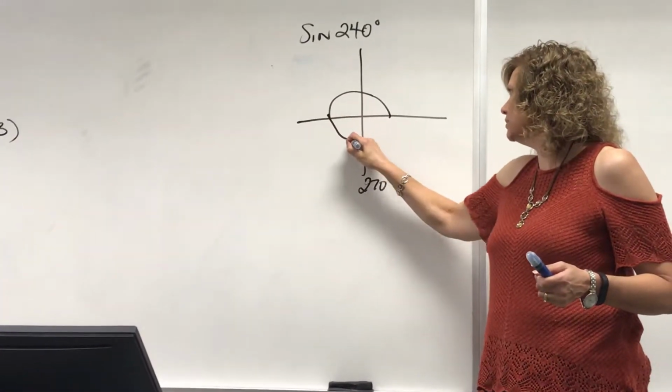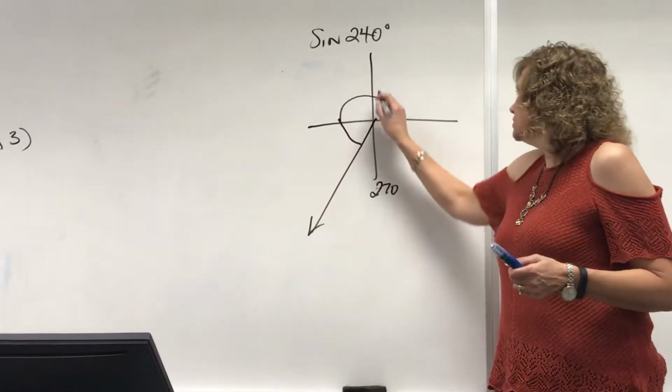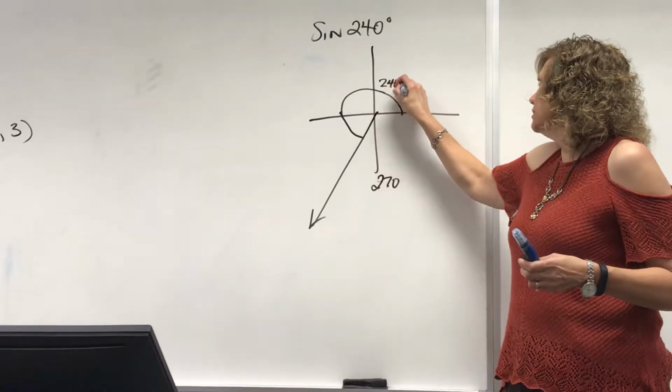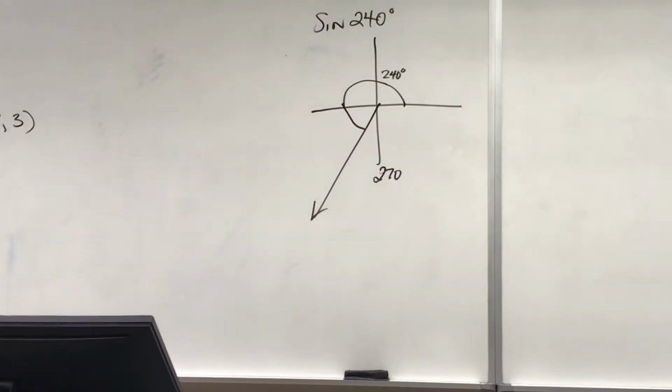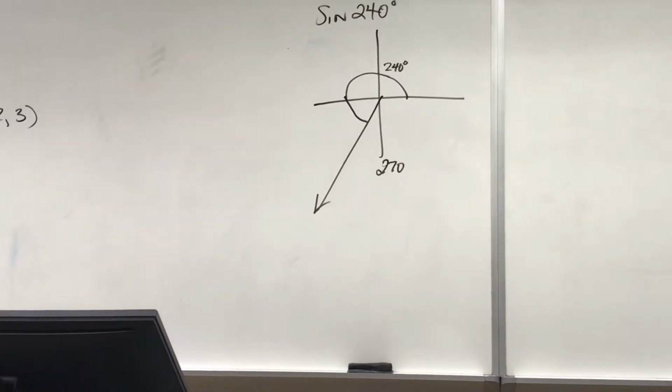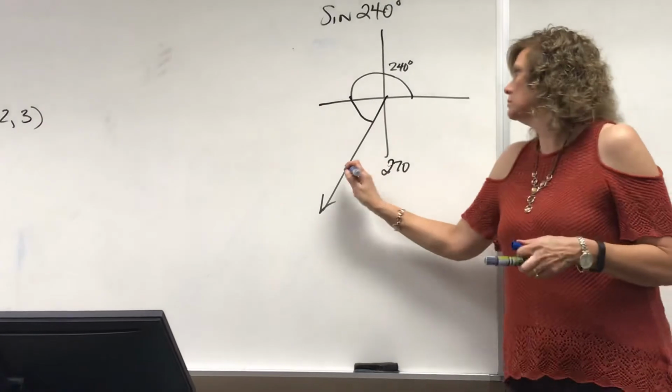We go to the middle of the third quadrant and draw our ray. That is 240 degrees, but to figure out the sine we need a right triangle, so we draw our perpendicular to the x-axis.